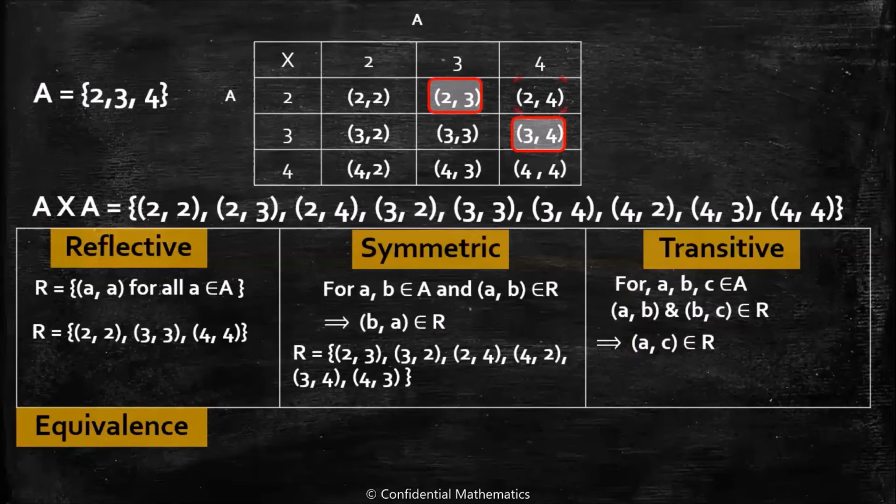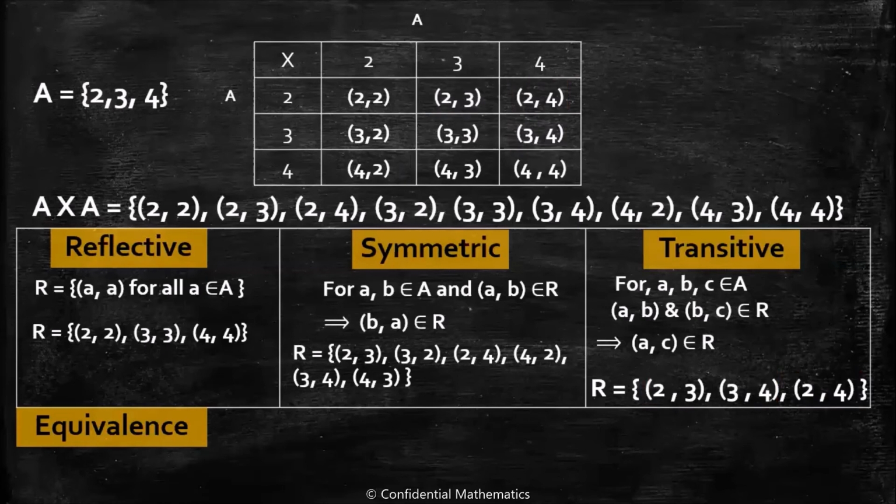It gives us 2 is related to 4. This is the example of a transitive relation.